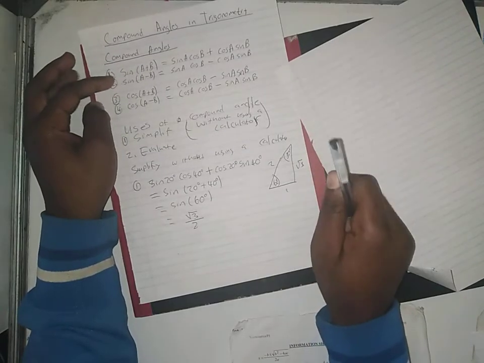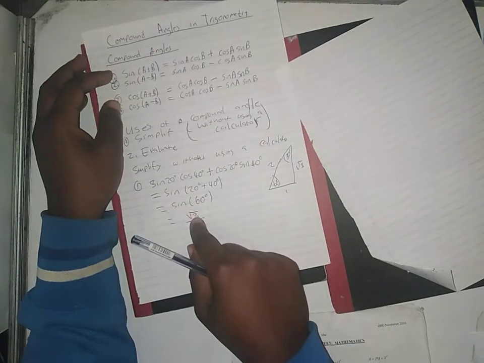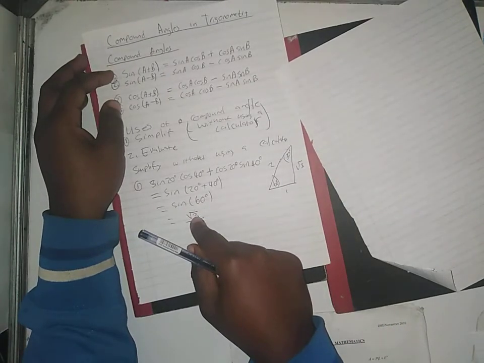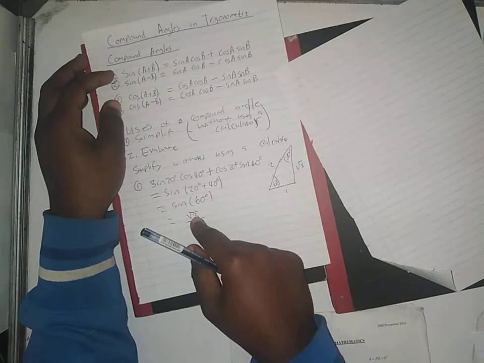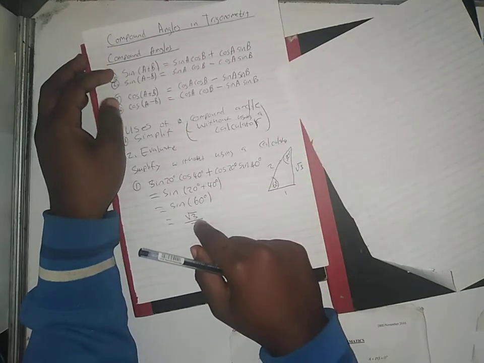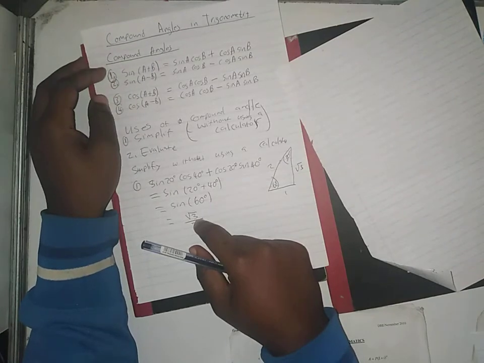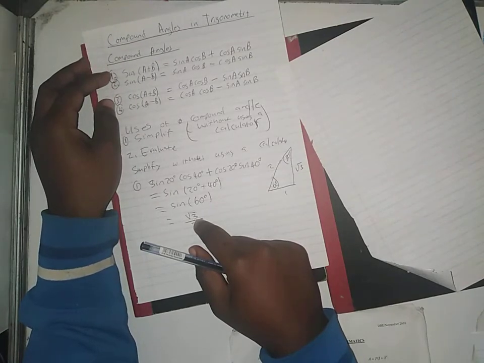So if you did not know the compound angle formulas, then you wouldn't have been able to sort out this kind of problem that you are faced with. Does that make sense? So you were only able to solve this without using a calculator because you had the knowledge of the four formulas of compound angles.